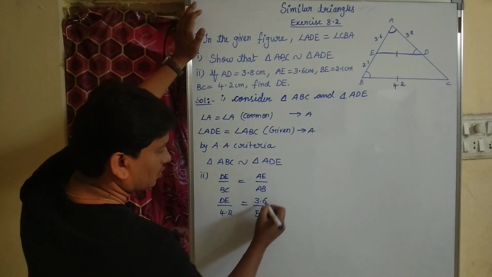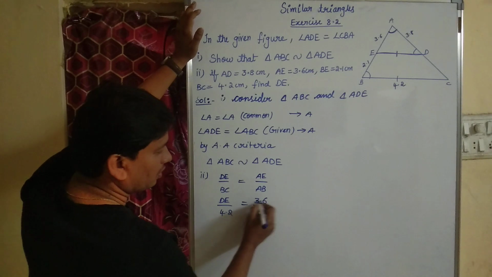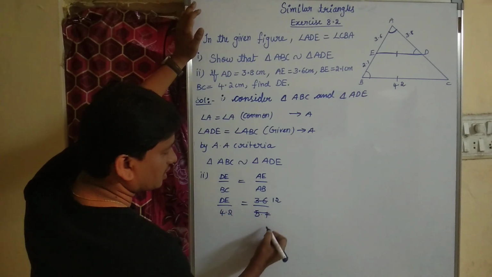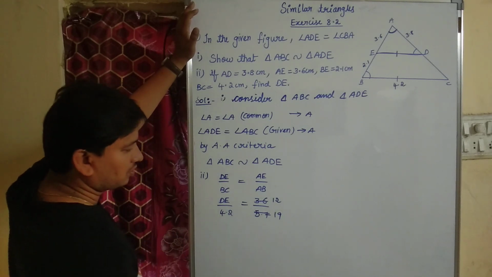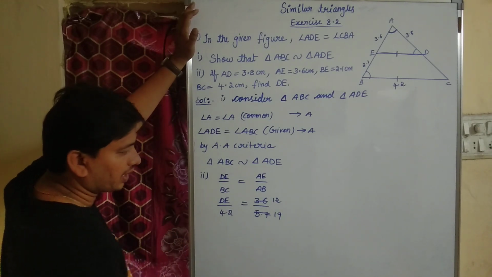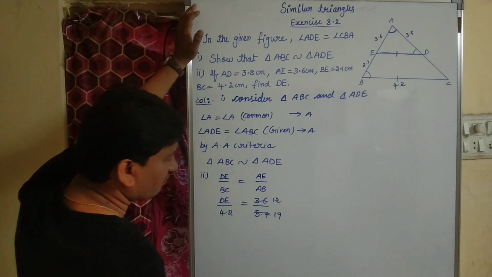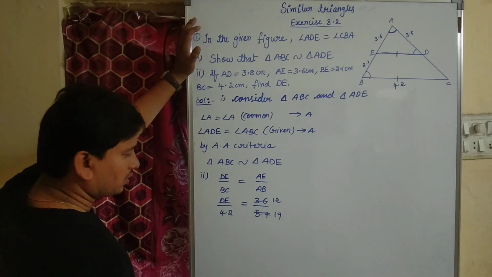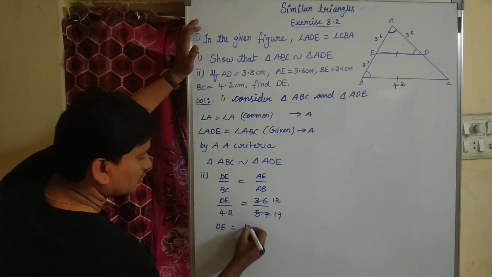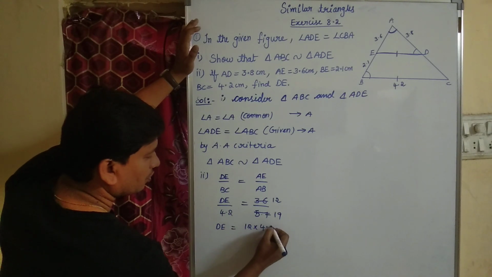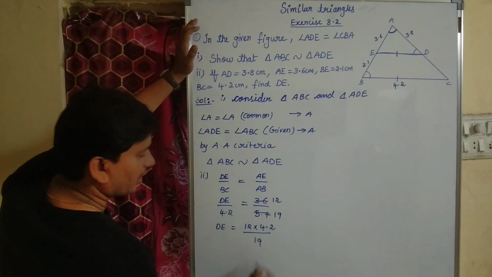So now which table? 3 twelves are 36, 3 ones are 3, 3 nines. Again, I think it will not go with any table. Now cross multiplication. DE equals 12 into 4.2 divided by 19.